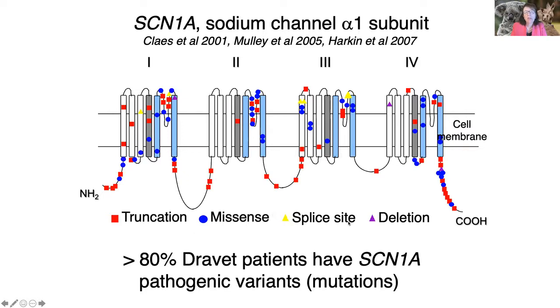And then you have other types such as splice site and very small intragenic or larger genic deletions. And we found over the last 10 years that more than 80% of patients with Dravet syndrome have SCN1A pathogenic variants, which is the new term for mutations.